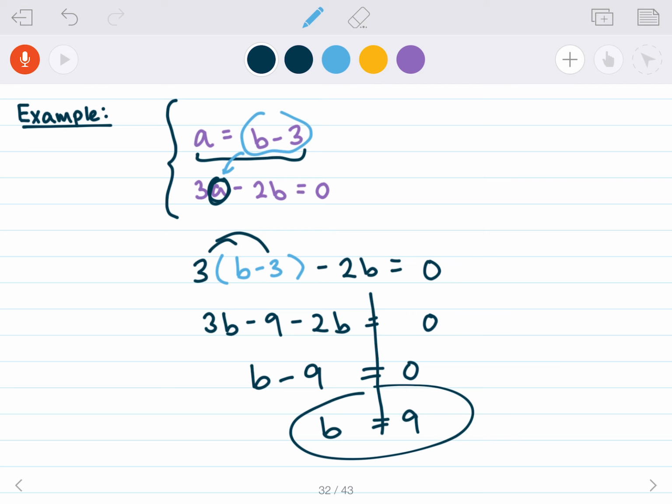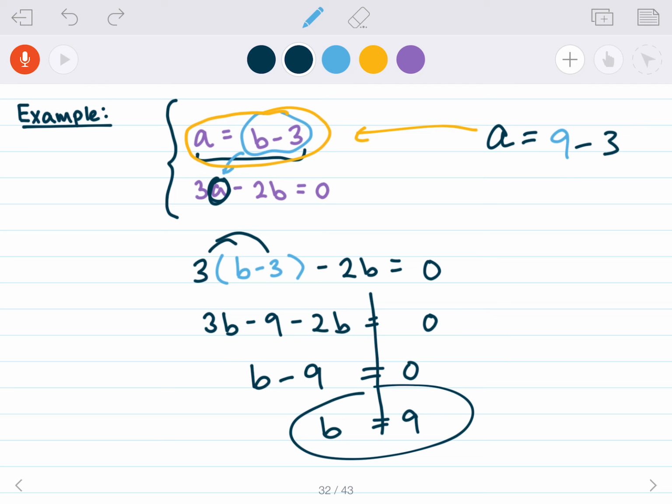Now, to figure out what a is, I can use either equation, but the most practical one to use is the first one. Since I know b is 9, I simply say, well, then a must be 9 minus 3, right? I'm just plugging in the b I found in for b there.